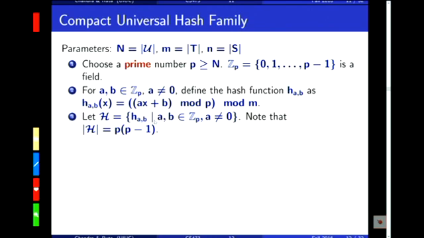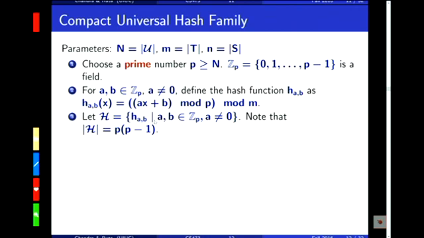Of course, you finally have to do mod m because your positions are 0 to m minus 1. Now look at all such functions for all possible values of a and b, where a is non-zero. Why am I enforcing a non-zero? If a is 0, then what kind of hash function do I get? Constant, which is of no use.